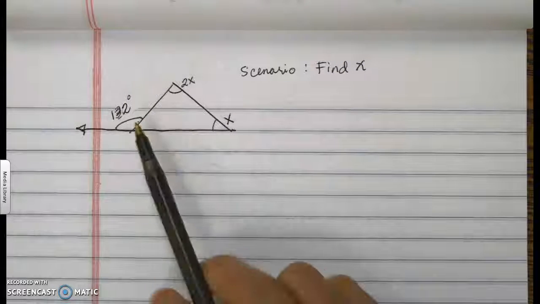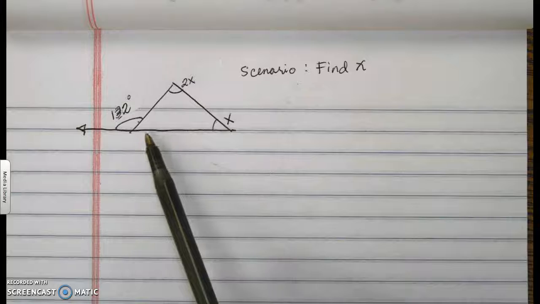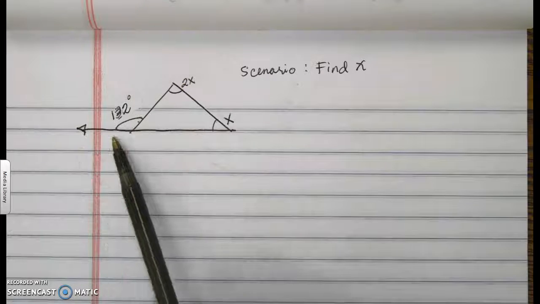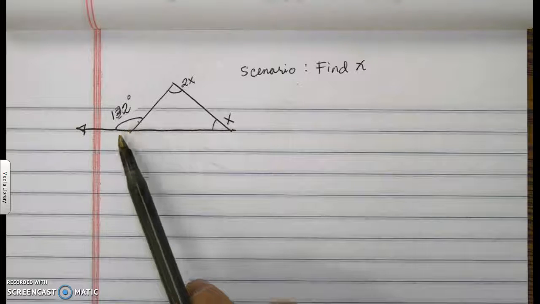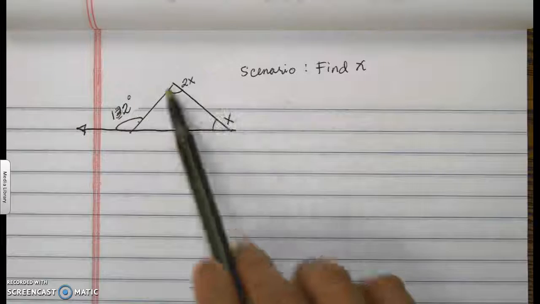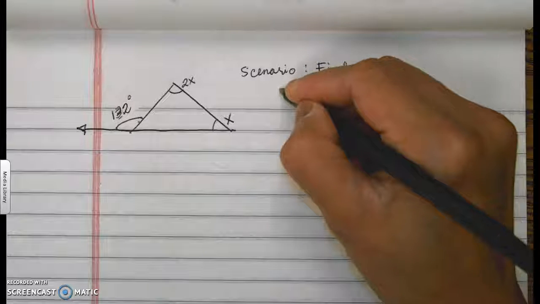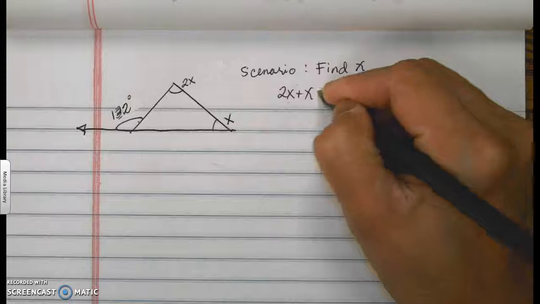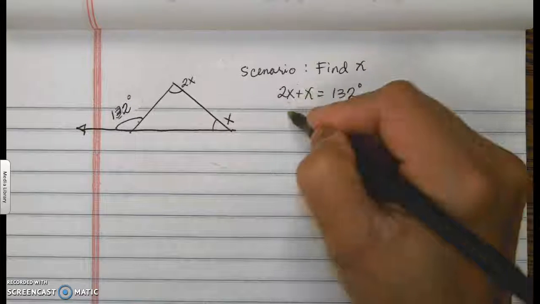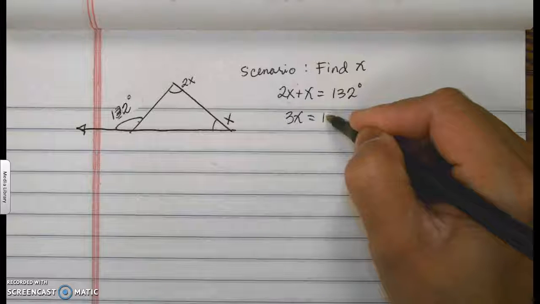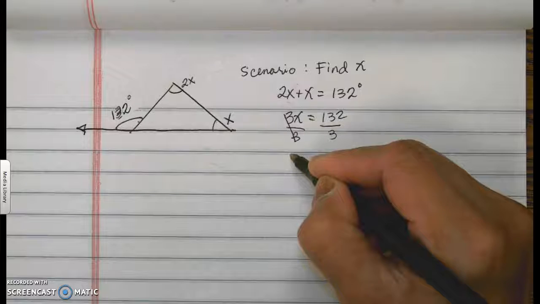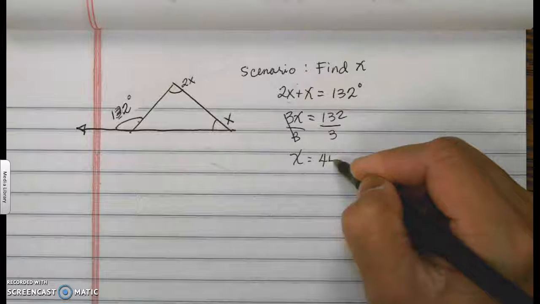According to the exterior angle theorem, we found out yesterday that the exterior angle is going to be equal to the sum of the remote interior angles. So that's going to be 2x plus x equal to 132 degrees, and this is 3x equals 132, which if I divide by 3 is going to give me 44 degrees.